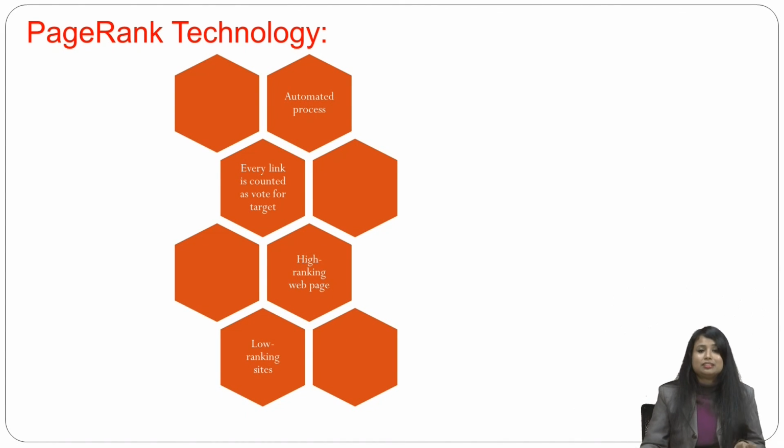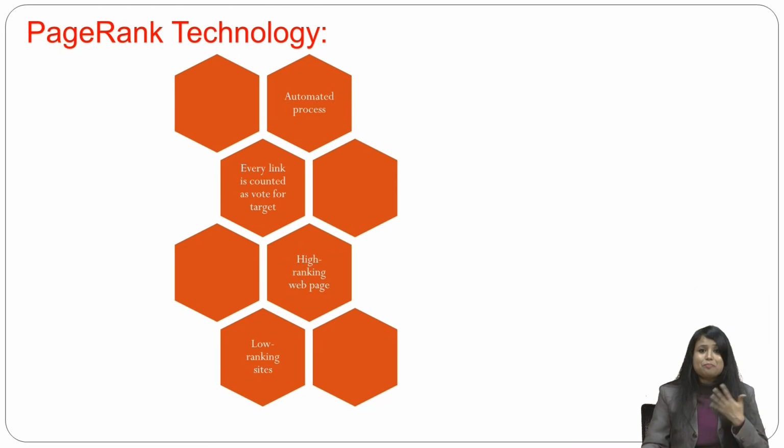It is seen that pages with high quality content get linked more than average pages. Not all votes are equal, right? Votes from high ranking web pages count more than votes from low ranking sites.